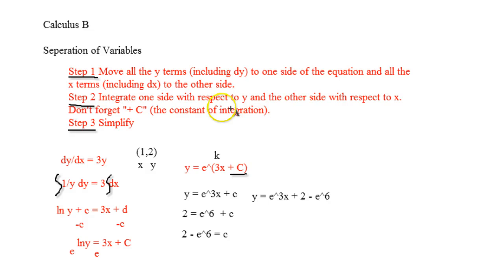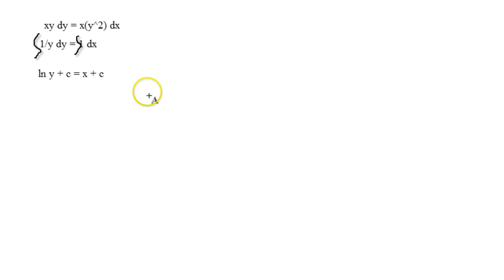You'll be using this formula quite a bit: y equals a sub 0 e to the kt, which is something we've always worked with before.